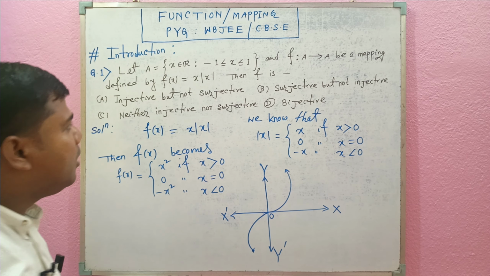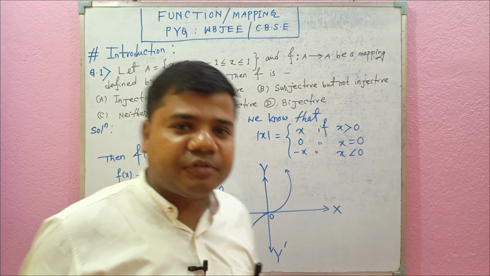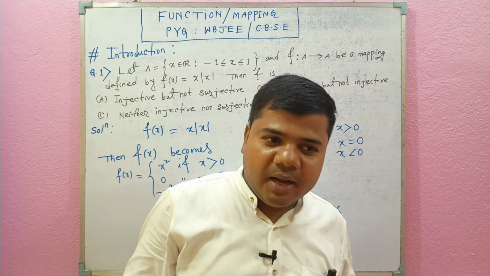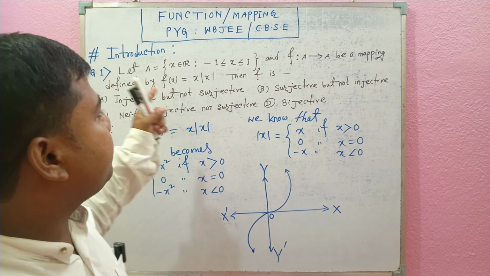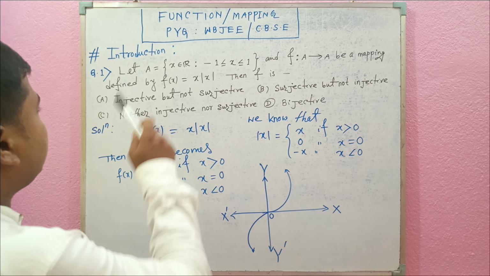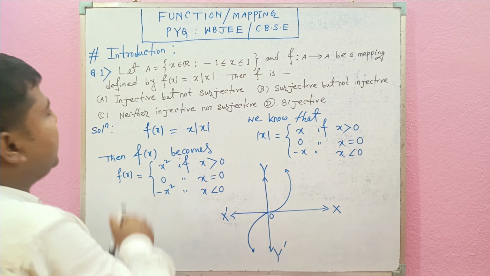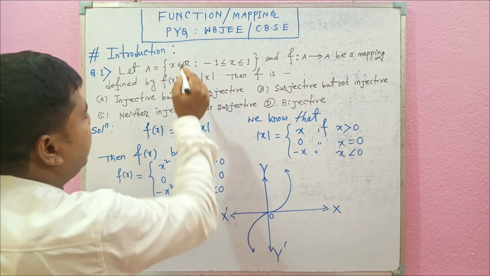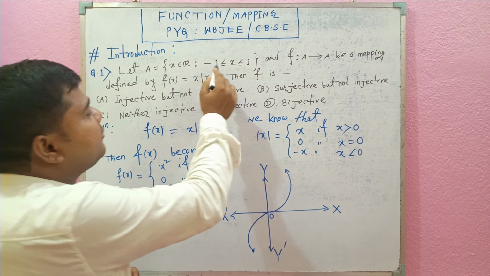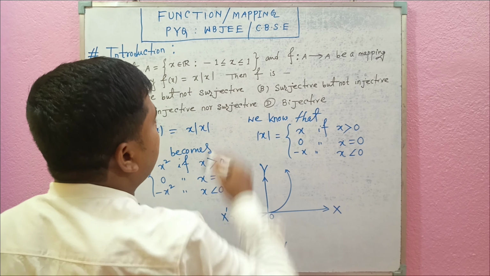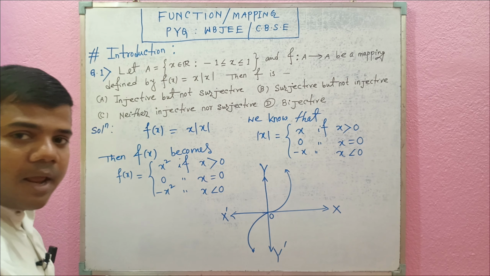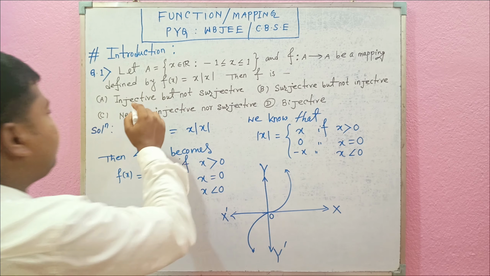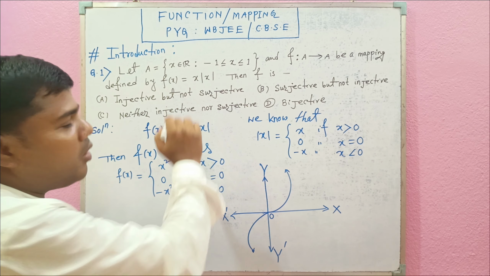First of all, we solve an important question which has come repeatedly in the exam. This is a very important question. It is given that let A be the set of all x such that x belongs to the set of real numbers such that -1 less than or equal to x less than or equal to 1, and a function f maps A to A be a mapping defined by f of x is equal to x mod x.